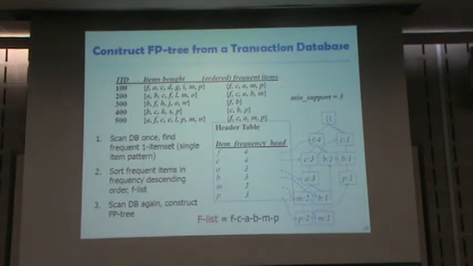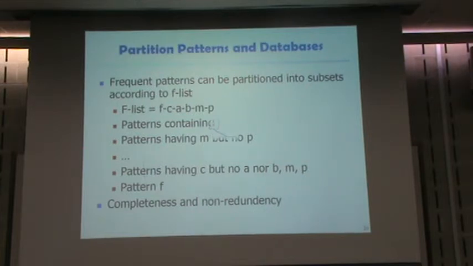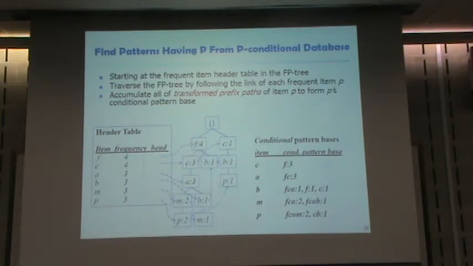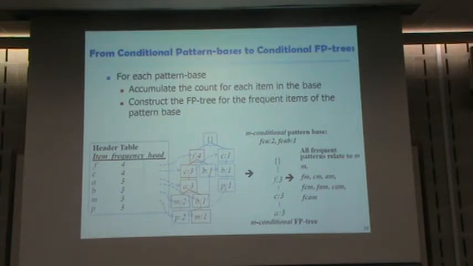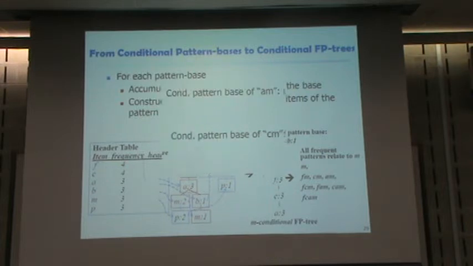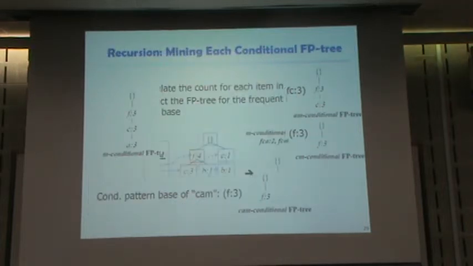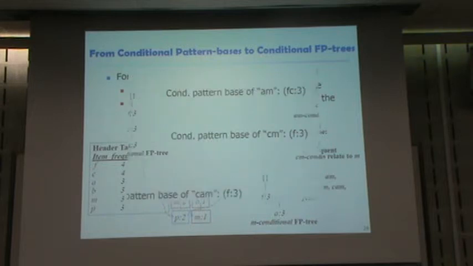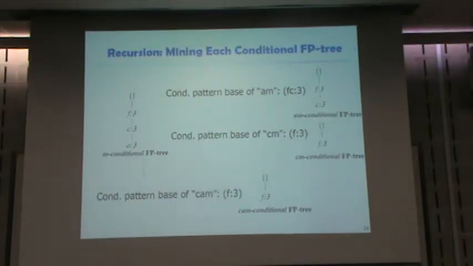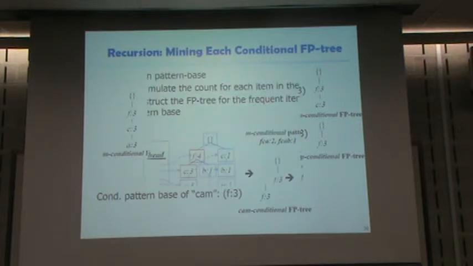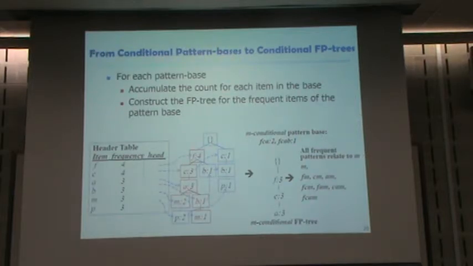Oh, it has a minimum support of 3, okay? So for each the M conditional FP3, we can have FM.